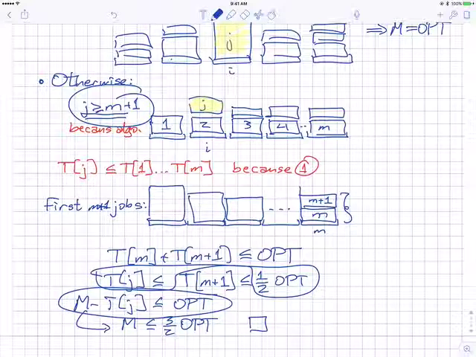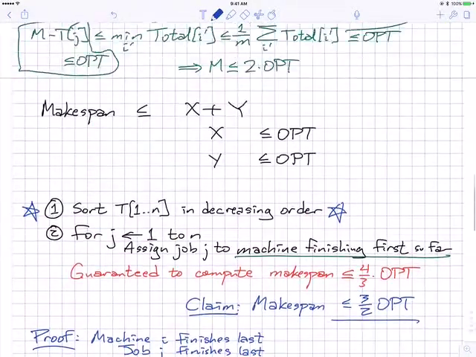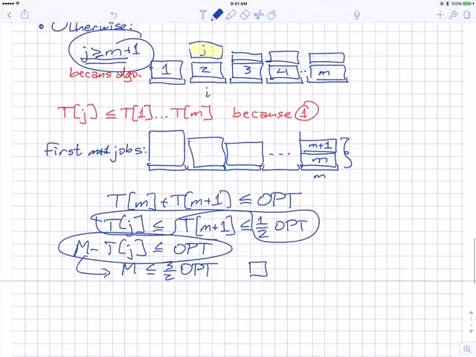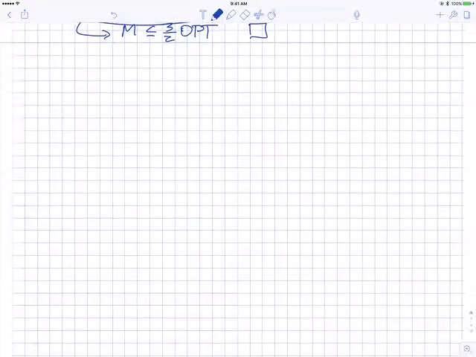The secret to getting the better approximation algorithm is splitting the analysis into more cases, and for each case, finding the right thing that looks like X and Y in the original analysis, finding the right thing that fits in between the makespan of your greedy algorithm and the makespan of the optimal algorithm. And 4/3 actually turns out to be the right answer in this case. Okay. All right.